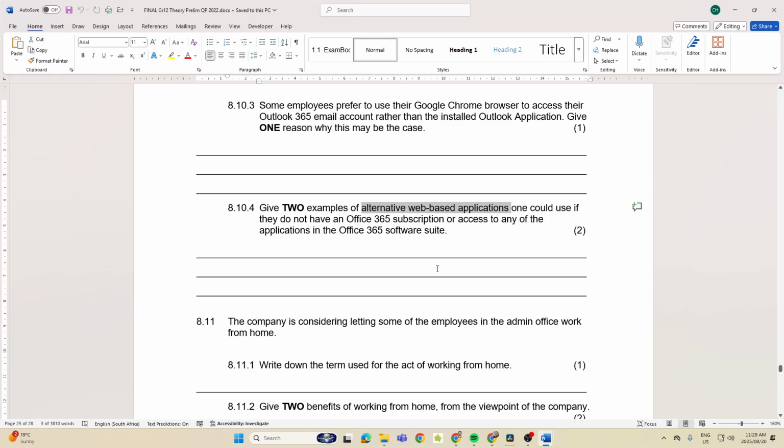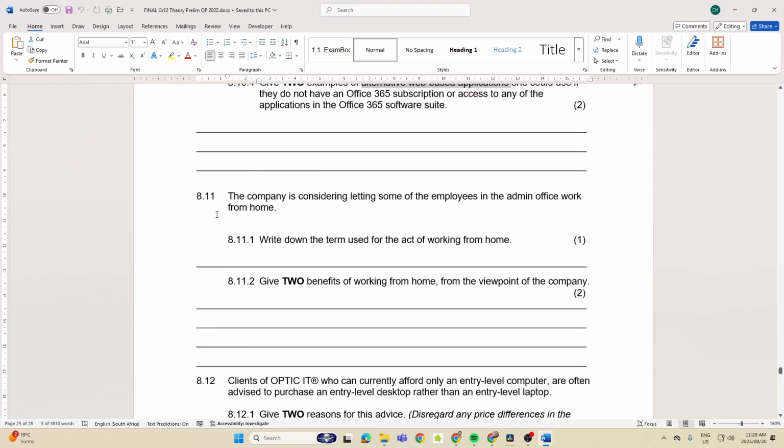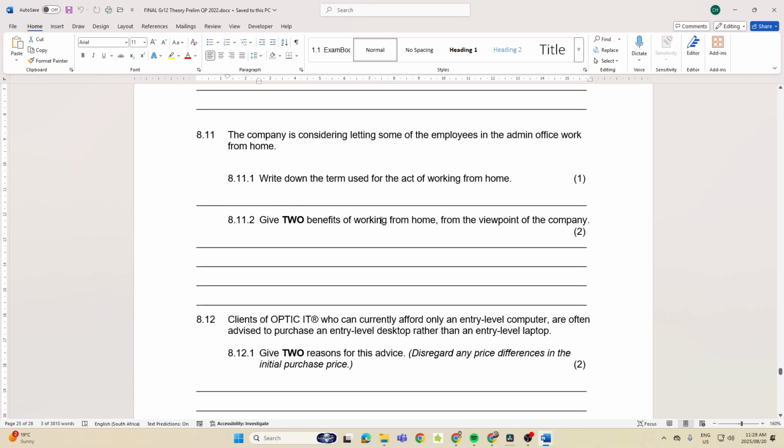Web-based applications is one that comes up as well. It means that that application is run from the website, or the internet. So just, again, know some examples of that. All right, then working from home, benefits of working from home from the viewpoint of the company. So again, answer to the scenario.